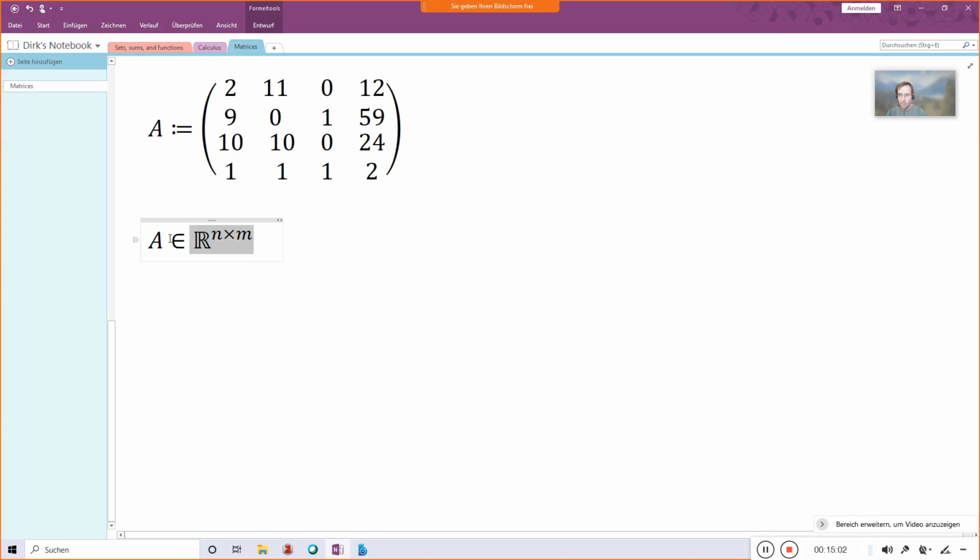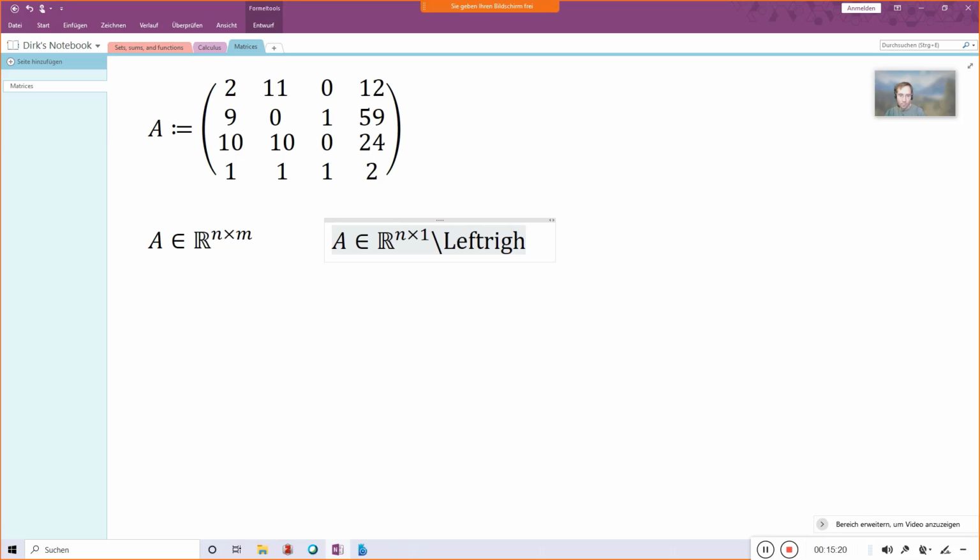So that's quite important. We've seen in a way already special cases of this, because if m equals 1, then of course we have a matrix that comprises a single column. This is then also written as this. So an n-dimensional column vector and a matrix comprising only a single column are the same thing. What is not the same thing is a row vector.